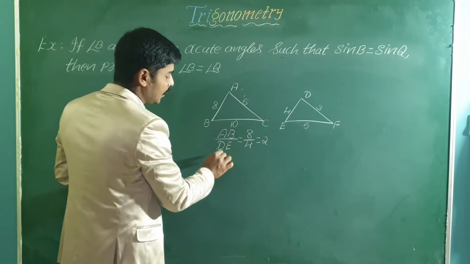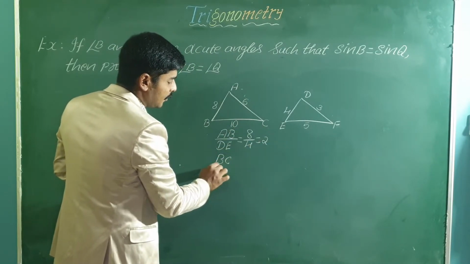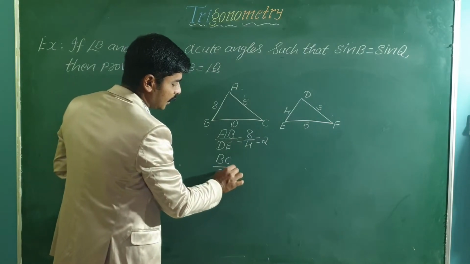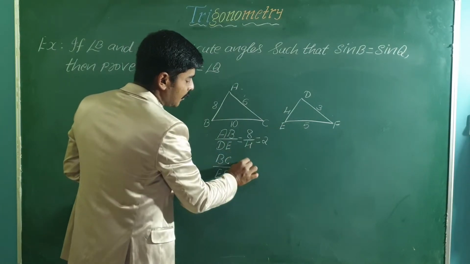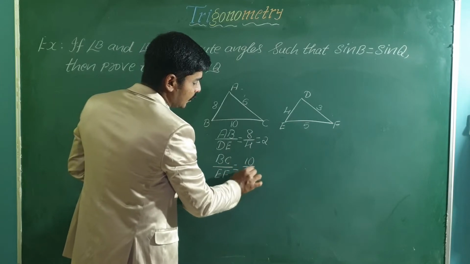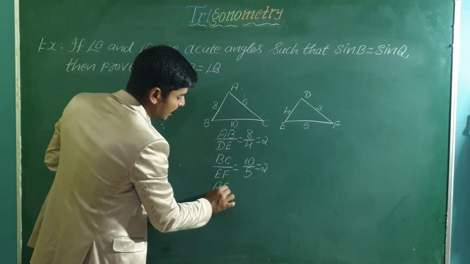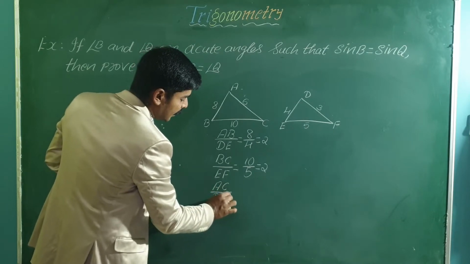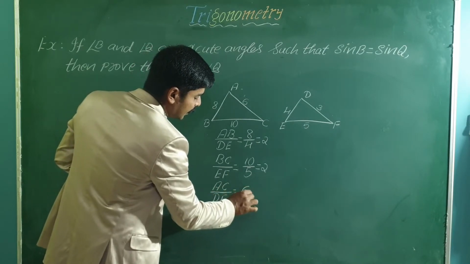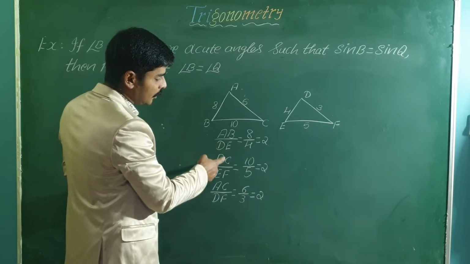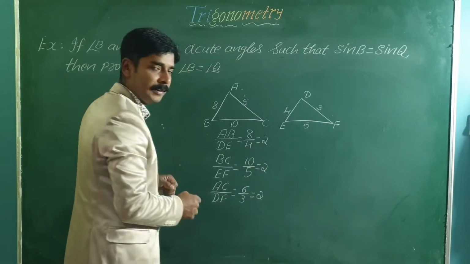In the same way, you find BC by EF, because for BC, EF is the corresponding side, that is 10 by 5. This is also equal to 2. Next, you take the ratio of AC and DF. This is 6 by 3. Even this is also equal to 2. You see, the ratio of their corresponding sides are equal.